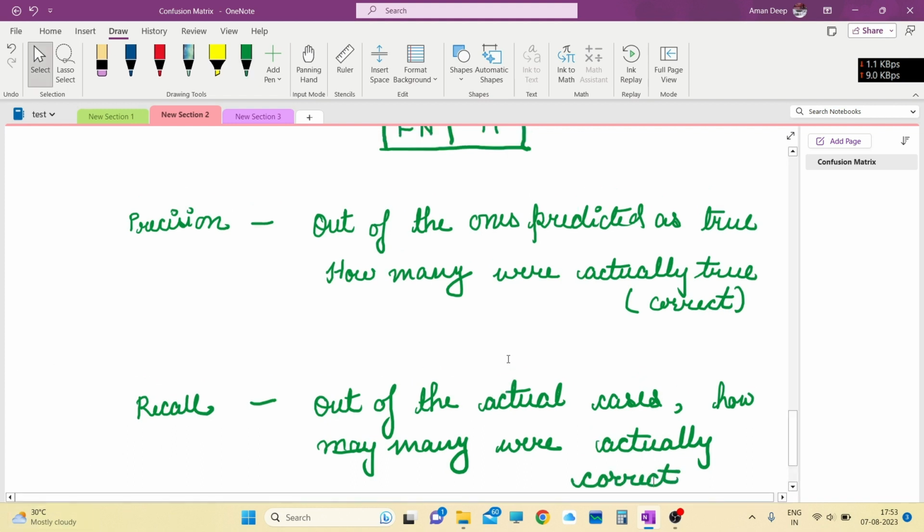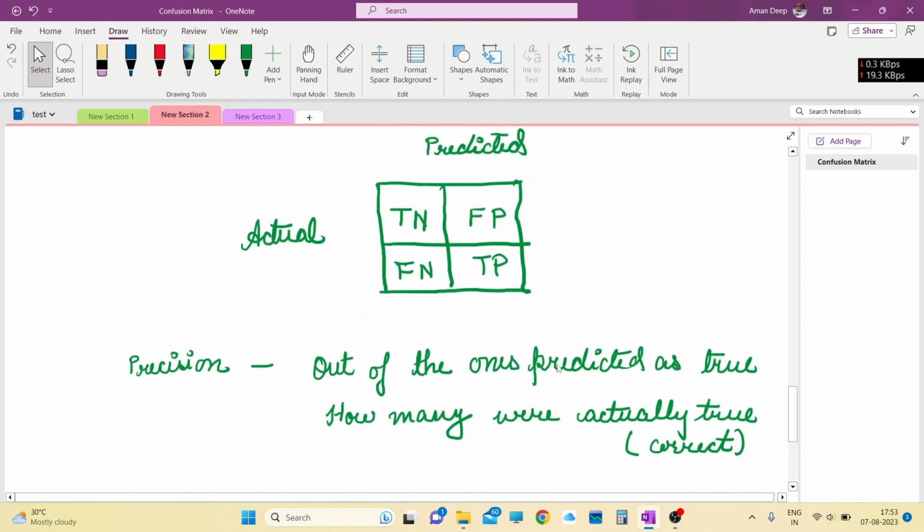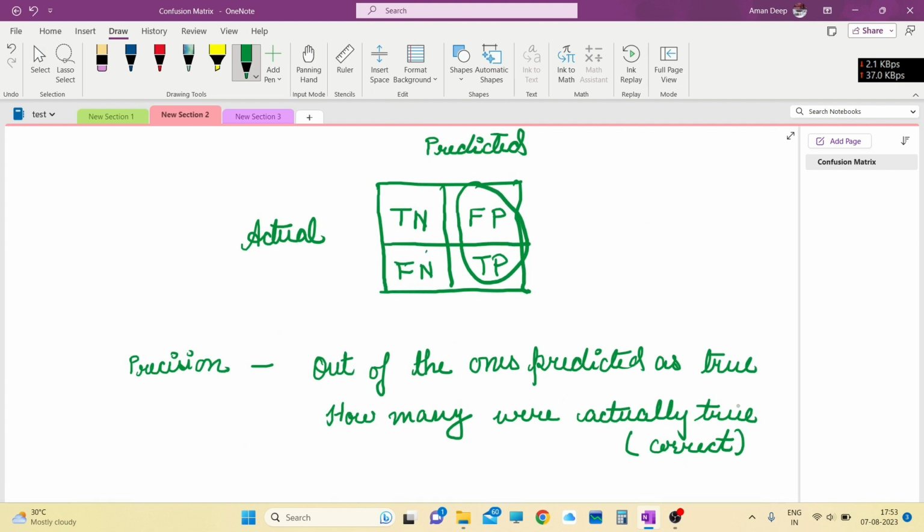So the formula for these two, precision and recall, we can get it from the confusion matrix. If we take it this way, from here we get the formula of precision, and from here we'll get the formula of recall.